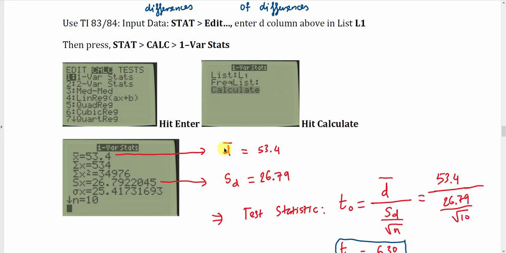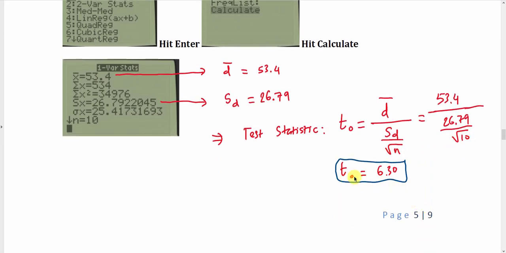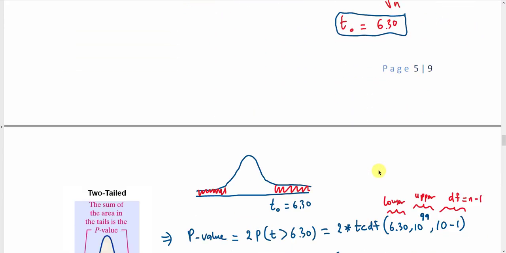Once you get D bar and SD, we can find the test statistic. T0 is D bar over SD divided by the square root of n. We know that we have 10 pairs, so divide by the square root of 10. And T0 should be 6.30.